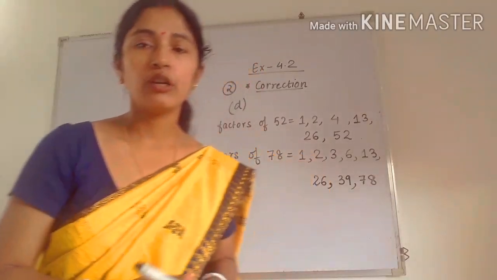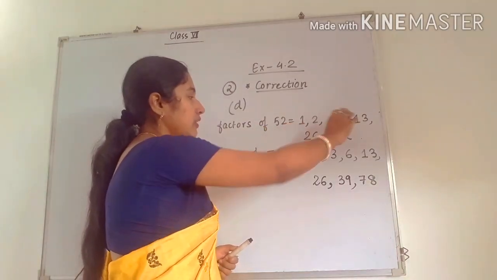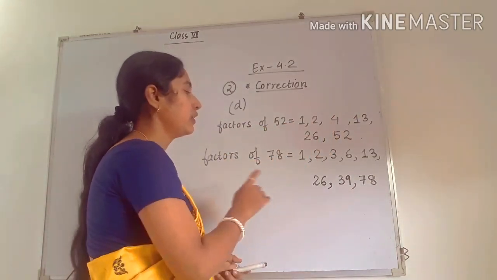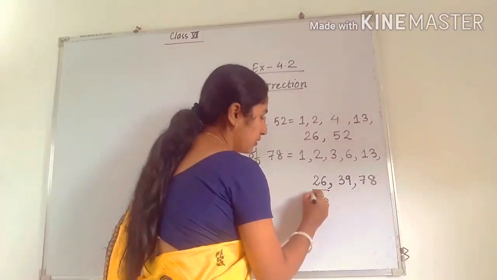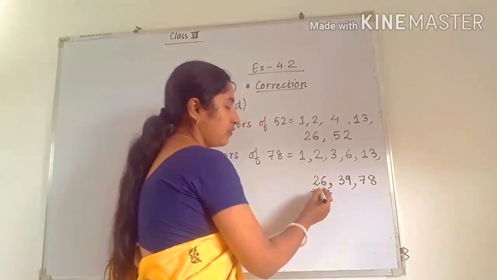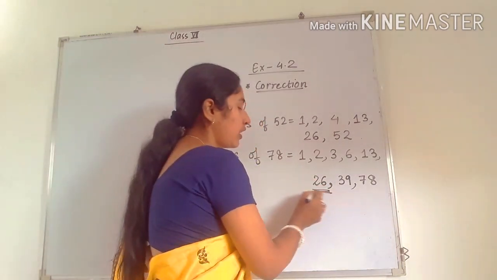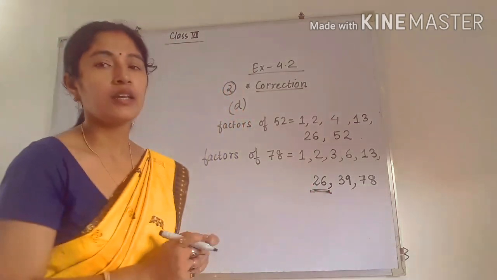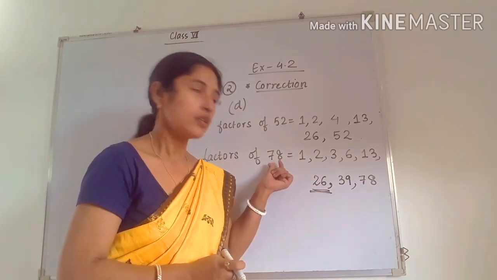Where you have to do the correction, see, I have written factors of 52 like this and factors of 78 like this. So you have to make a correction in this number. By mistake I have written 29. Here you have to write 26 because 29 is not a factor of 78 but 26 is a factor of 78.